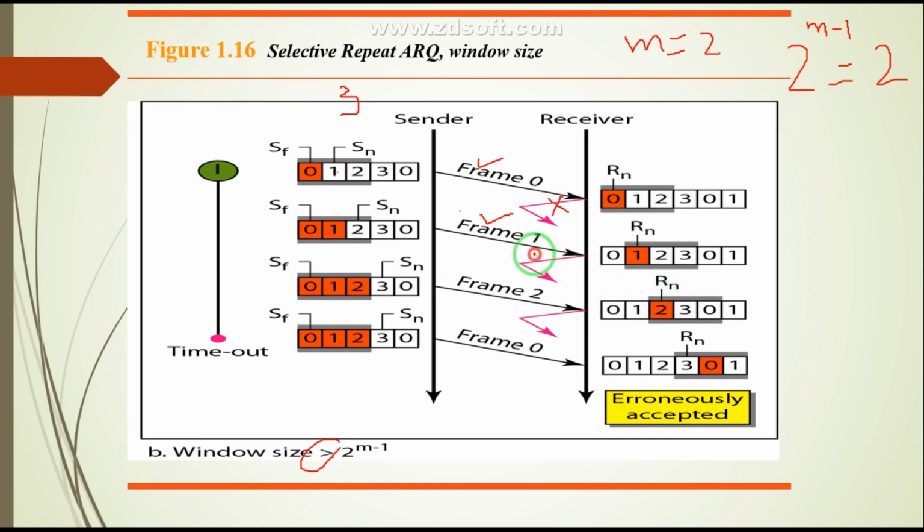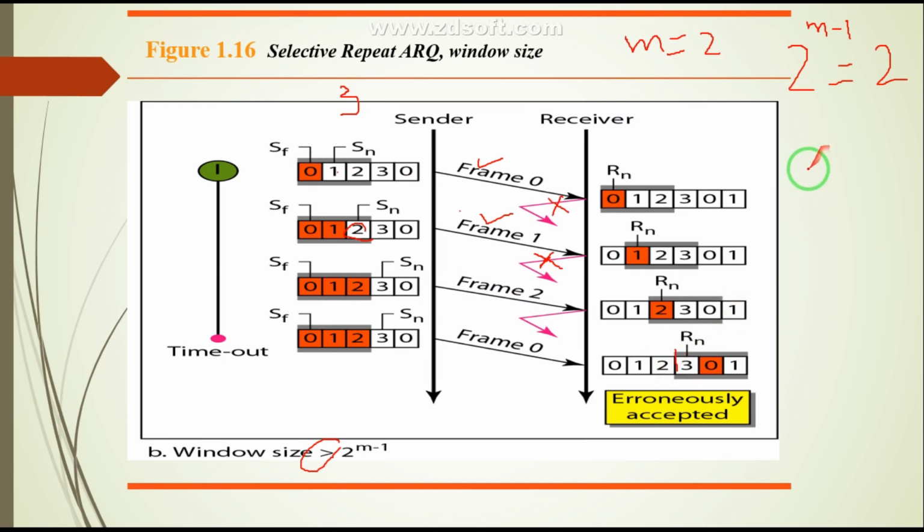But at the same time, the second acknowledgement sent by the receiver is again lost. Since the timer doesn't time out, frame 2 is sent as Sn equal to 2. As frame 2 has been sent, the receiver is going to shift by one slot.